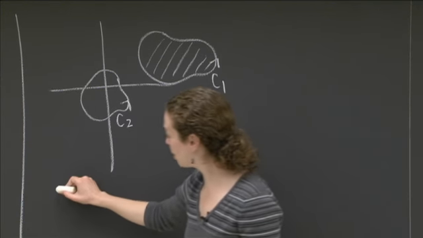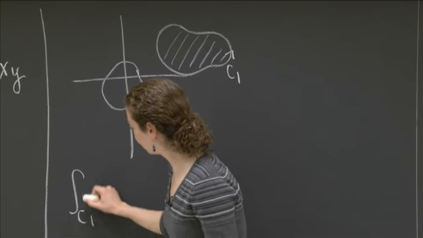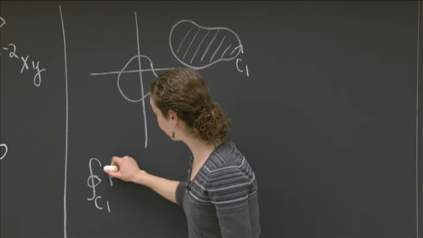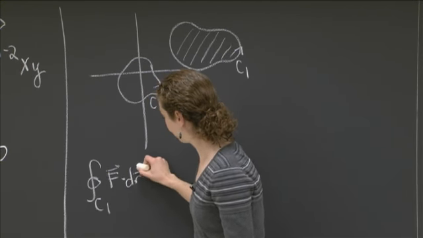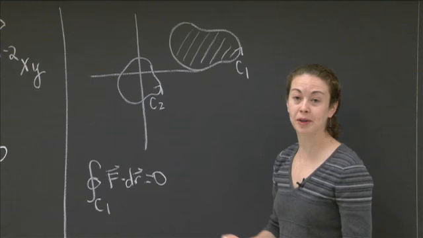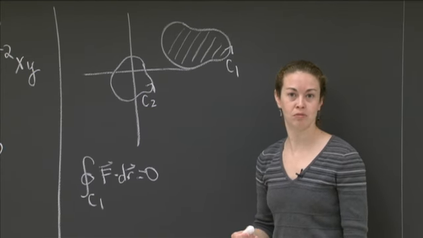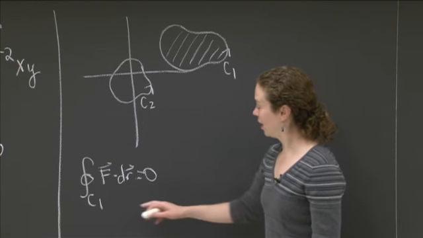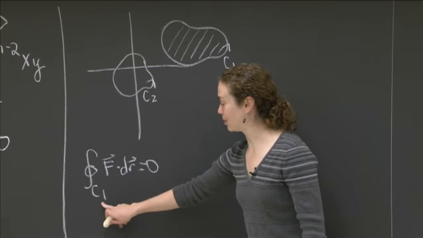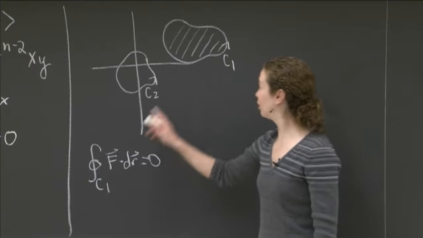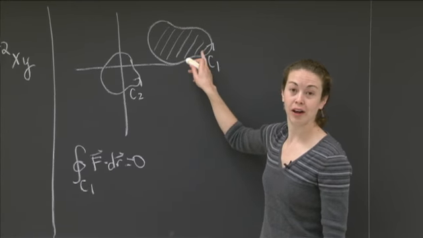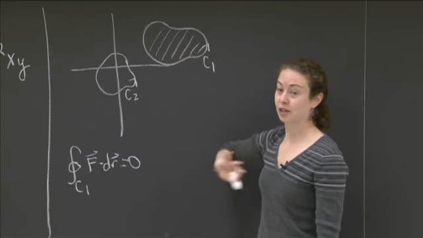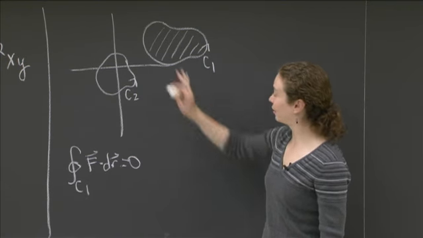So I know by Green's theorem, the integral over the closed curve C1 of f dot dr is equal to 0, and that's simply because the curl of f is equal to 0. We can immediately use Green's theorem because the integral over this loop C1 is equal to the integral over this region of the curl of f.